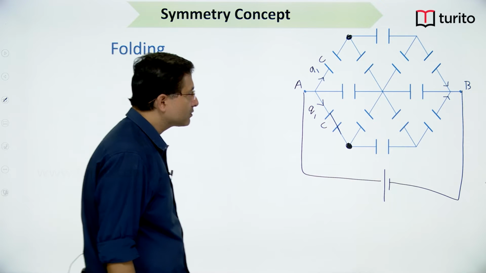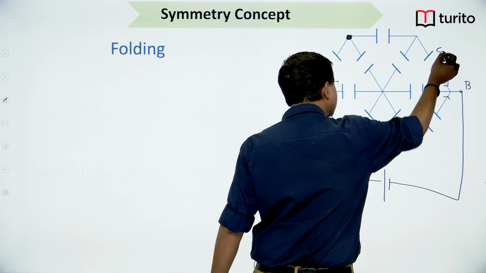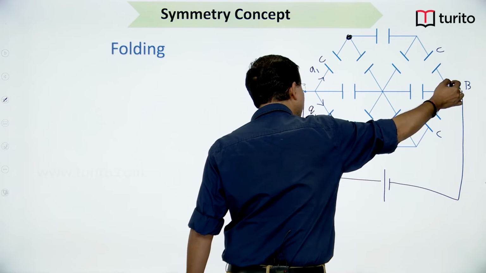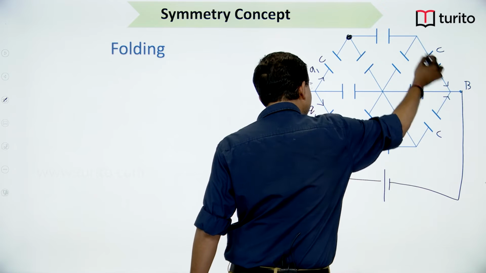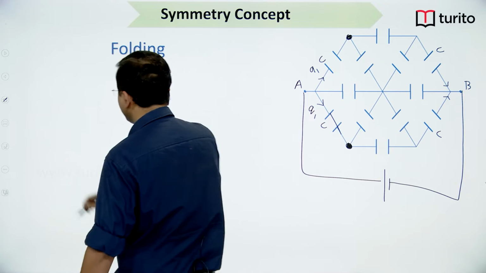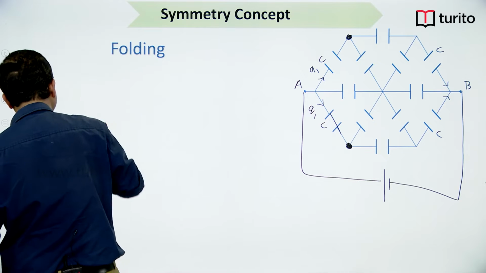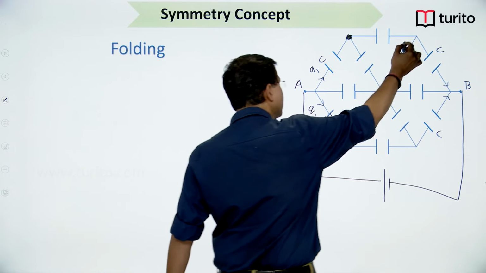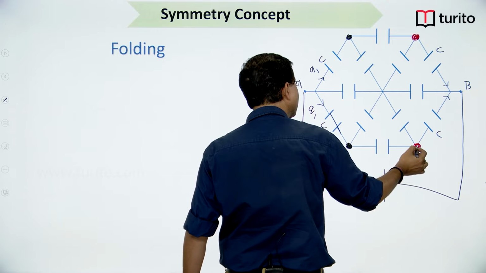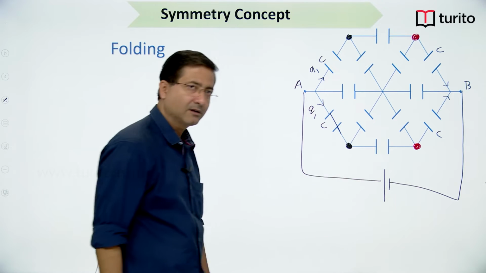And again I can use the same concept, because this capacitor is the same as this capacitor, the potential drop here will be the same as the potential drop here. If this drop is the same as this drop, the potential here and here will be the same. So this junction and this junction will have the same potential, right.